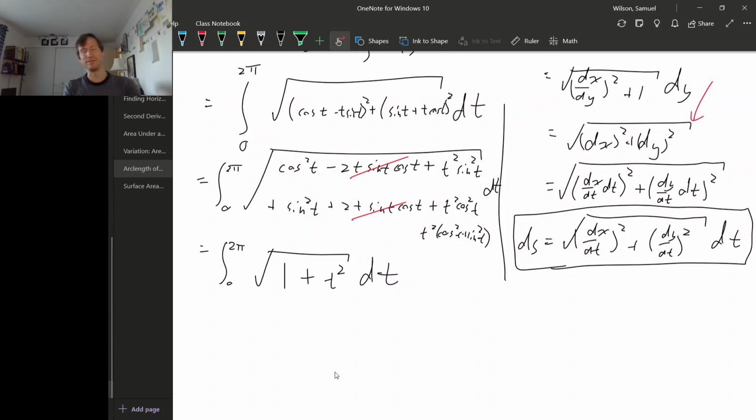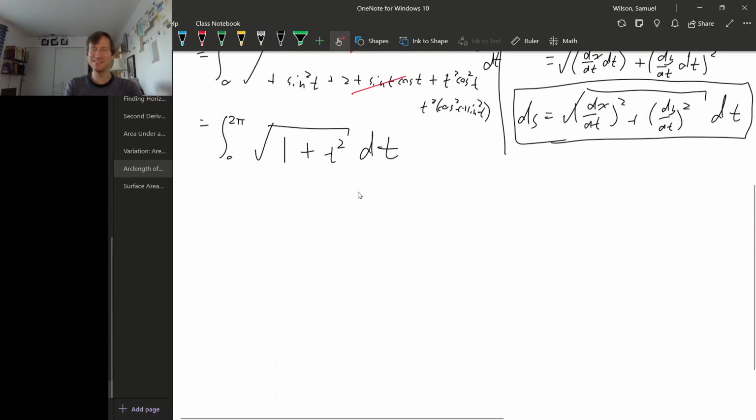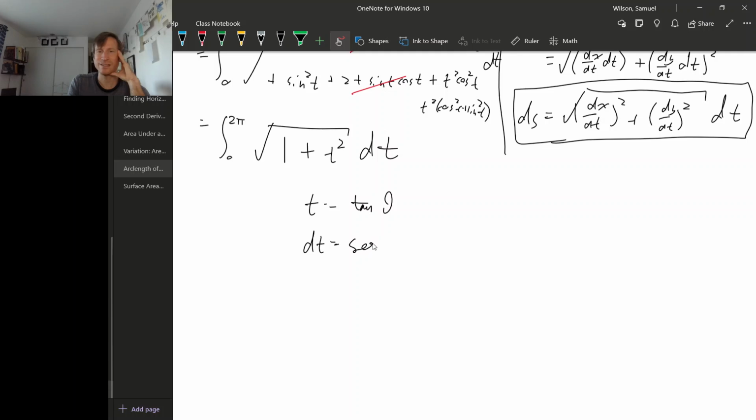Now we need to evaluate this integral. I don't know off the top of my head what an antiderivative for this is, but this seems like the sort of thing where we should use a trigonometric substitution. When we have a sum of squares, that's usually when we use tangent. So let's use t equals tangent theta, so dt is secant squared theta d theta.